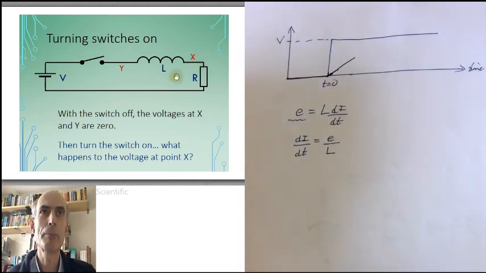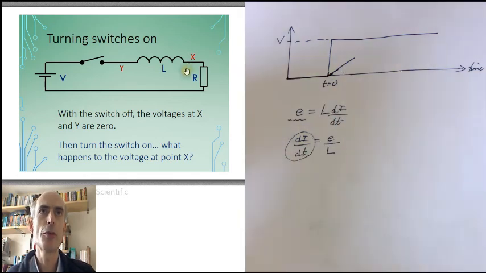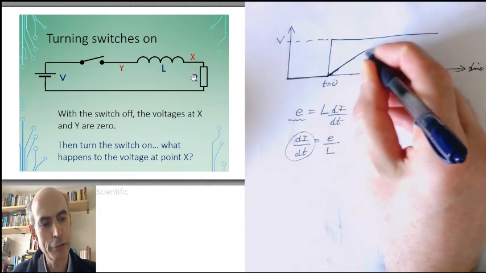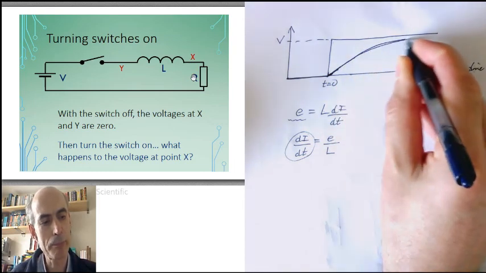As it goes up, the voltage across the inductor reduces, which means the rate of change of the current reduces, which means that the rate at which the voltage at X is increasing also reduces. So we end up with a curve whose gradient is reducing all the time.